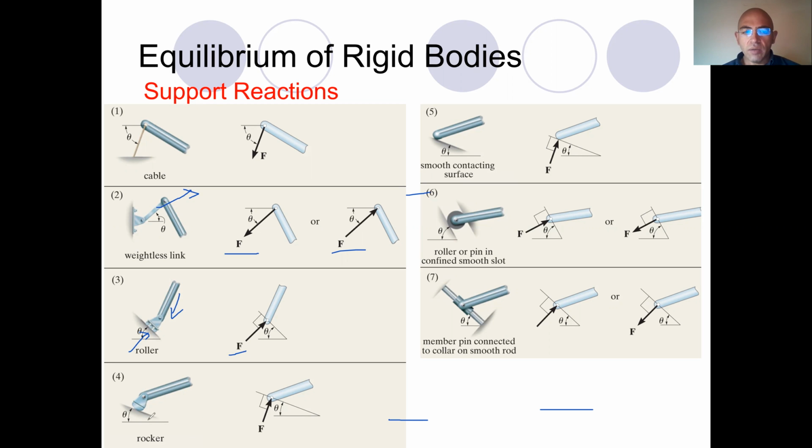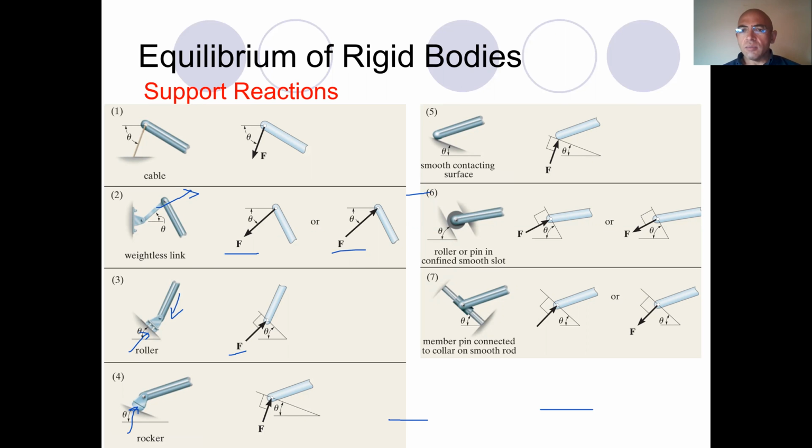What else? We have a rocker. Again, it is the same. So the rocker will behave like the roller. Again, there will be a reaction force which pushes the object. Again, it is tangent to the surface. Sorry, not tangent, perpendicular to the surface.